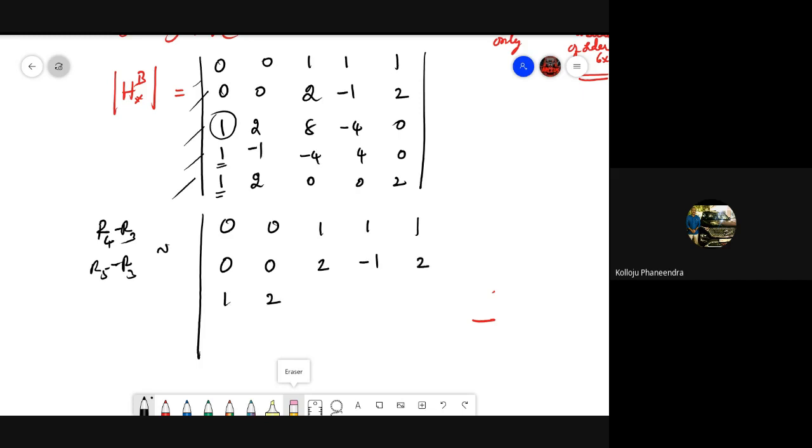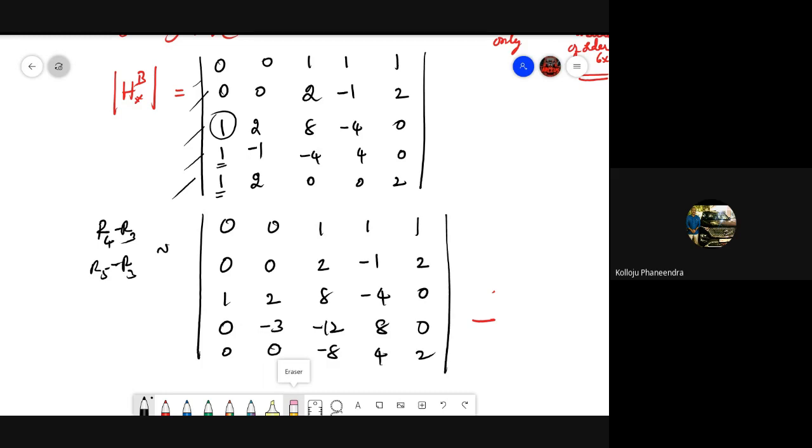Up to the third row there is no change. But 1 minus 1, 0, minus 1, minus 2, minus 12, 8, 0. Coming to this, 0, 2 minus 2, 0, 0 minus 8, 0 minus of minus 4, this is 2.